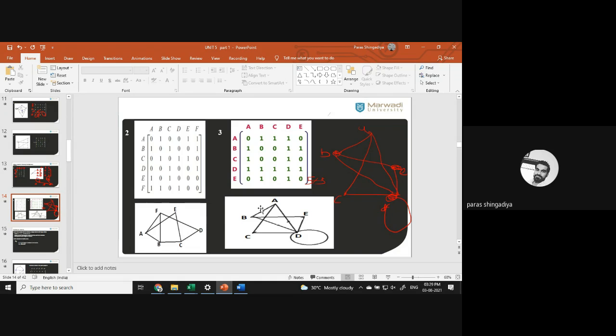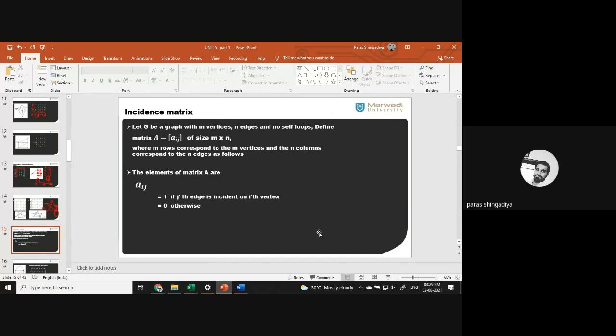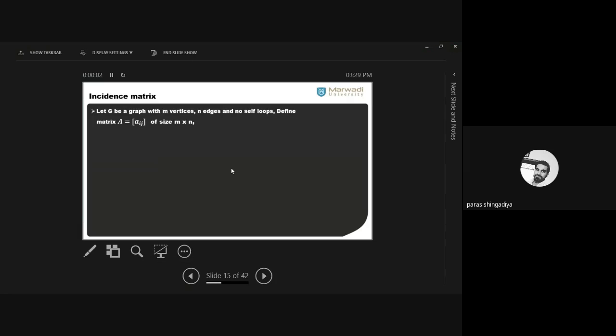Now the next topic is the incidence matrix. Clear? Next definition is the incidence matrix. Let us first discuss what the meaning of incidence relation is. And based on that, we'll create the matrix of incidence relation.